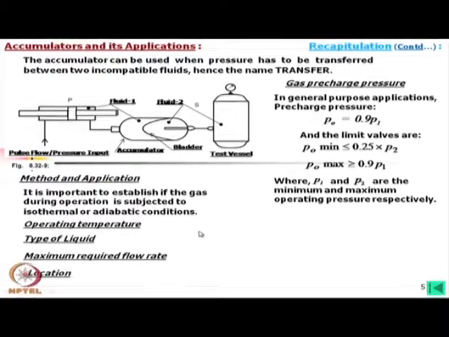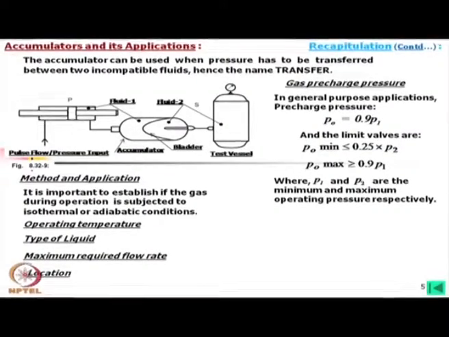Now, if we look into the gas pre-charge pressure in general purpose applications, the pre-charge pressure P0 is usually equal to 0.9 times P1. Also, if we can estimate the maximum requirement from the accumulator, then the accumulator's inside volume is usually such that with the gas charge we take 0.9 of the total volume, that means 90% will be the volume required, if the volume of the accumulator is 100%.